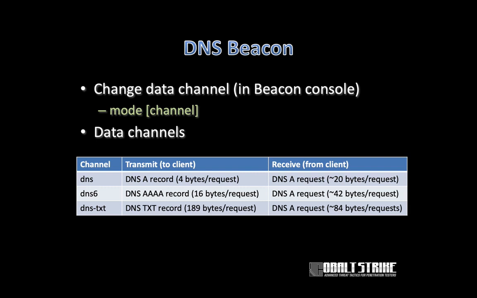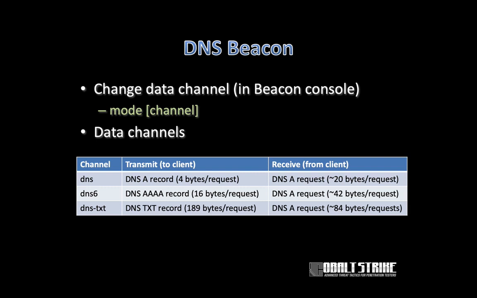There's mode DNS to have the DNS Beacon download tasks one A record request at a time. You can use DNS6 to have the DNS Beacon download tasks using a quad A record. And again, the DNS text channel is a way of doing DNS text records to download taskings.